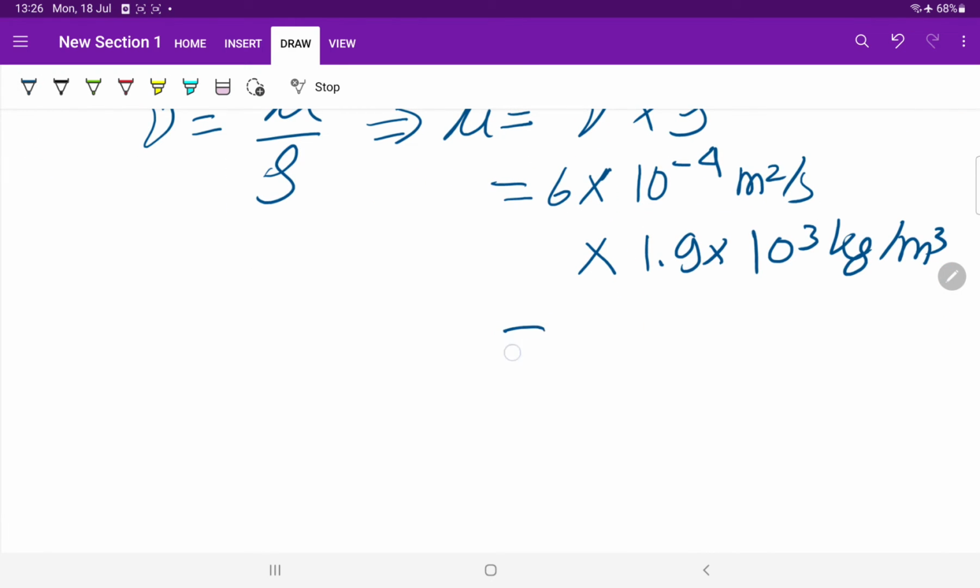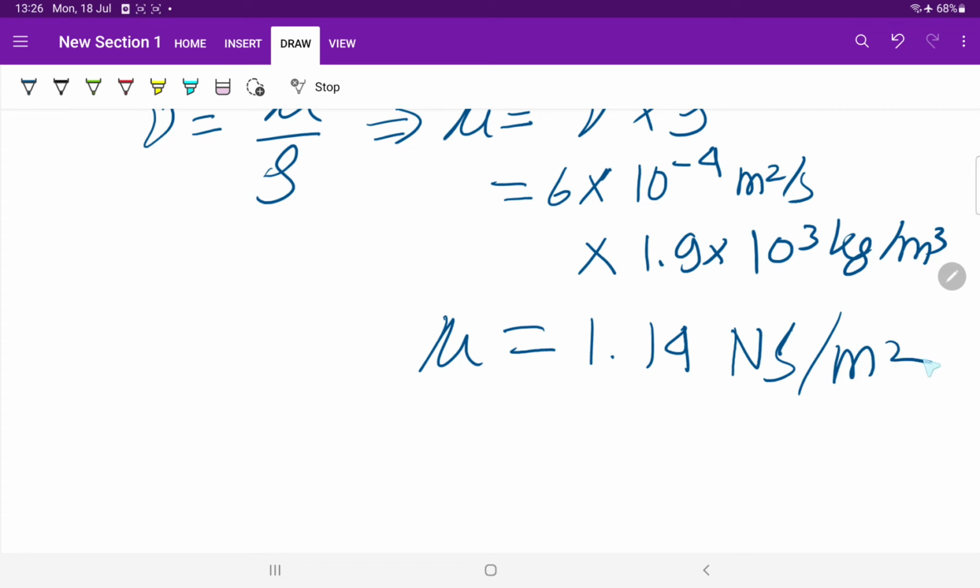If you multiply this in the calculator, 6 into 1.9 is 11.4. So 11.4 into 10 to the power minus 1, so it will be 1.14, and the unit we know for mu is Newton second per meter square.